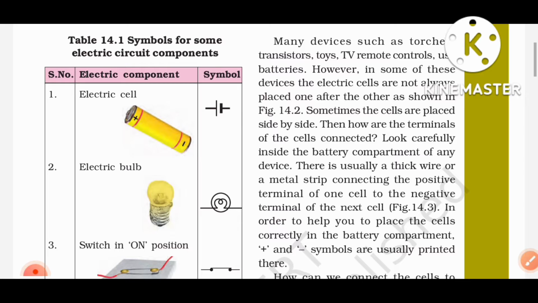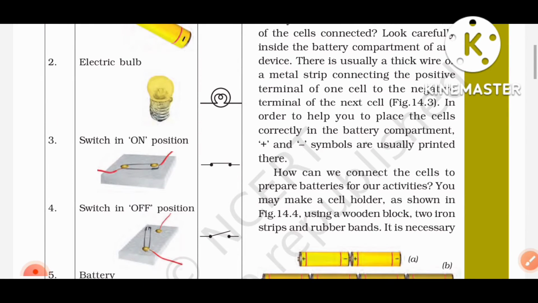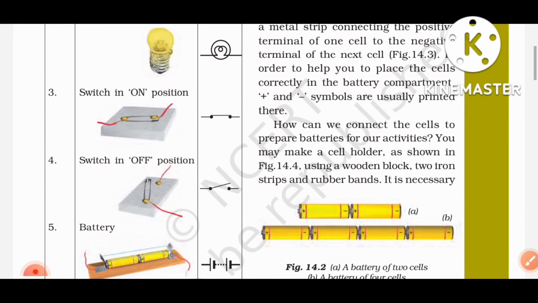There is usually a thick wire or a metal strip connecting the positive terminal of one cell to the negative terminal of the next cell. Figure 14.3. In order to help you place the cells correctly in the battery compartment, plus and minus symbols are usually printed there.